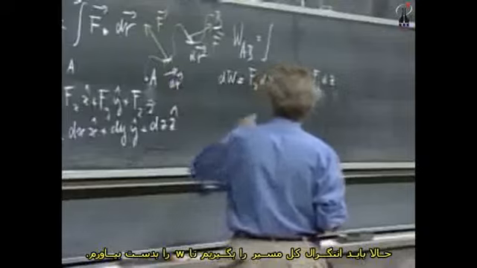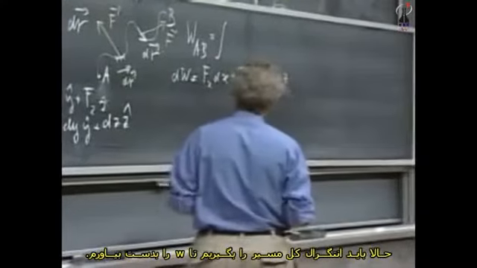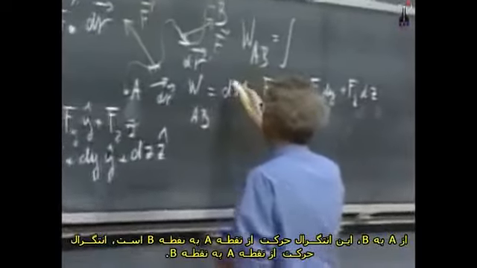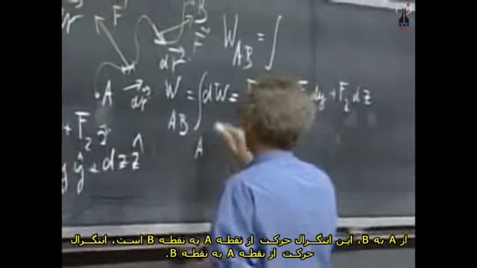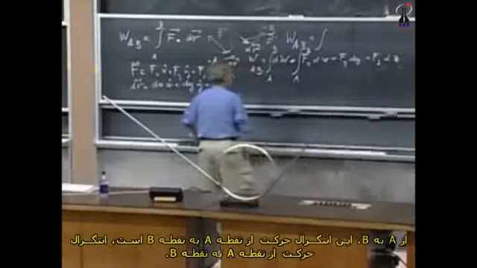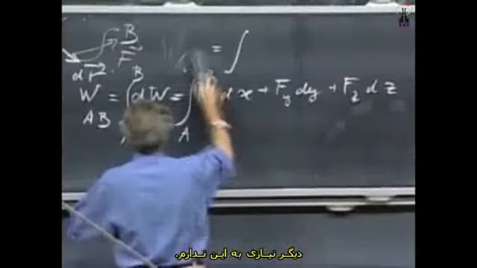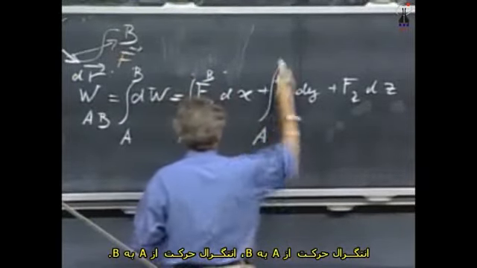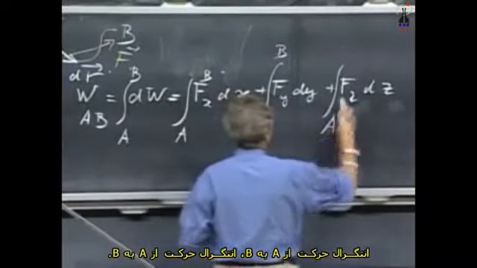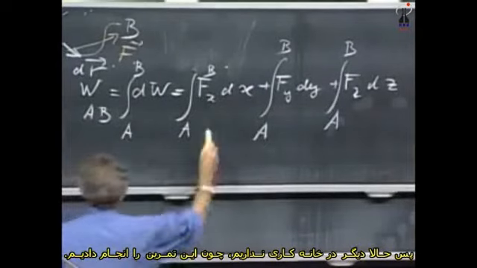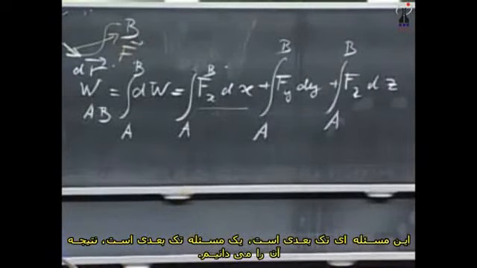Now I have to do the integral over the entire path to get W from A to B. That's an integral going from A to B. Now we're home free because we already did this. This is a one-dimensional problem, and the one-dimensional problem we already know the outcome.